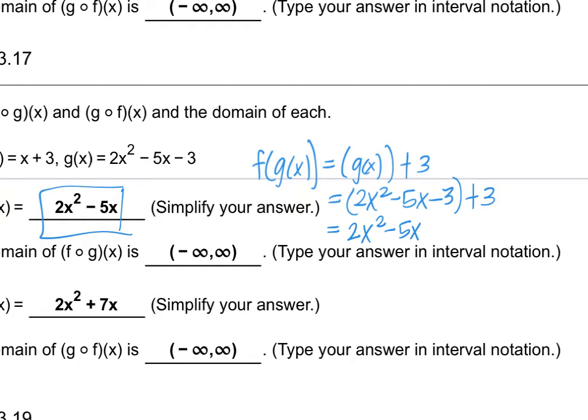And now to do g of f of x, again, I always like to rewrite it in that format, and I'm going to put f of x inside of g. Well, that g function is 2 times something squared, okay, so pay attention to this, 2 times something squared minus 5 times something minus 3.